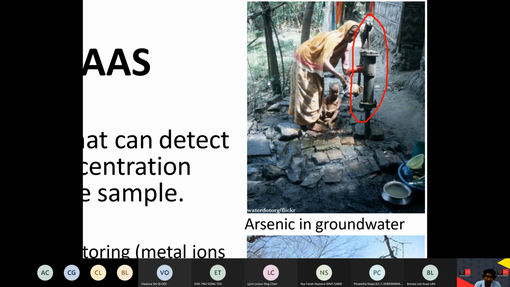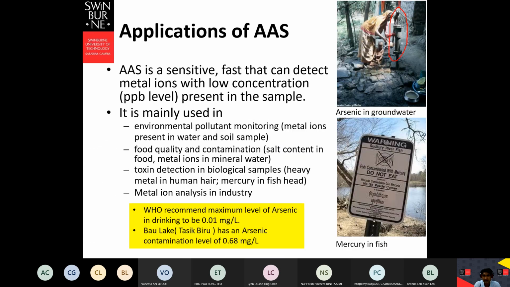The good thing about arsenic is that it only enters our body through our digestive system. We can use the water to take a shower, to wash our dishes or clothes, and there should be no problem. Only if we drink it, that is a bad thing. So a red mark is given on that.